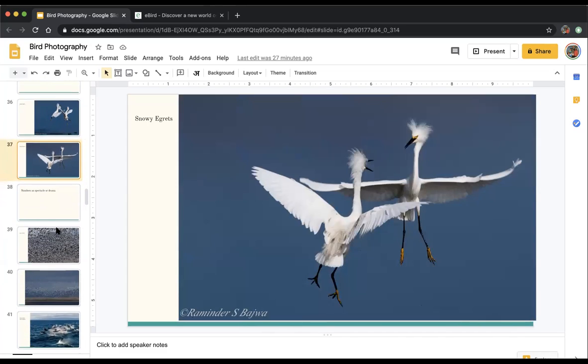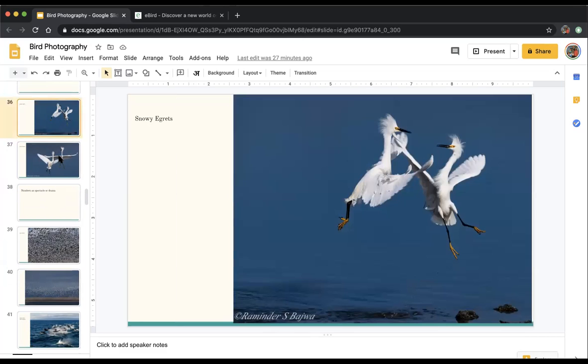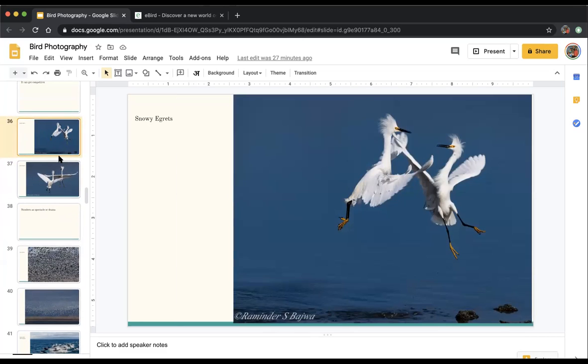Right. So Raminder, are they fighting, or is it more like a mating ballet? It's a good question. Having seen the whole sequence of events that happened, these are rivals. There were two of them earlier at one point, and I'm guessing in retrospect that one of them was a female and the other was a male.